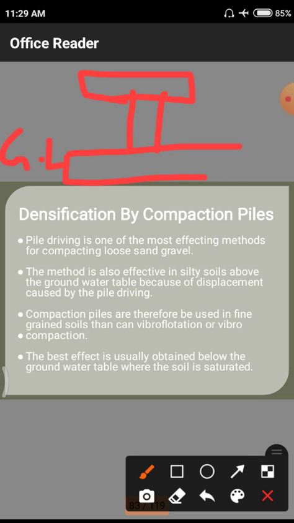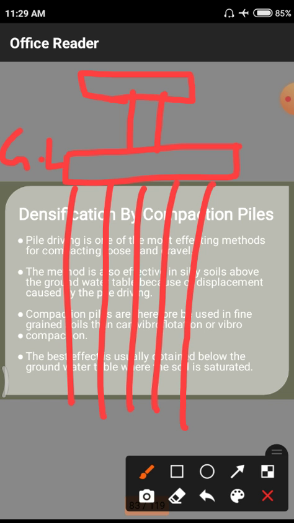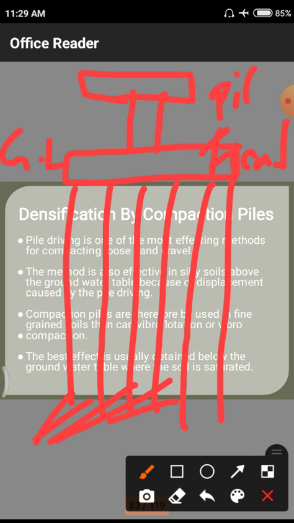To bear this type of foundation, we need to have some kind of piles. This is the pile head. All those are the piles.